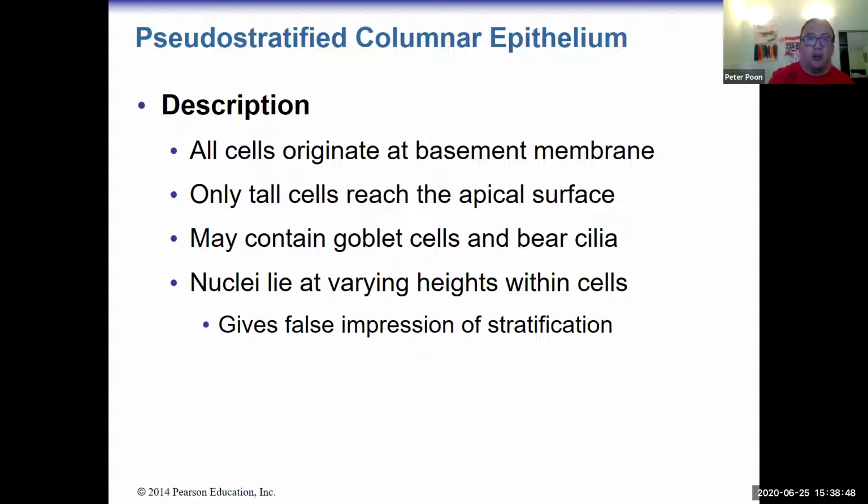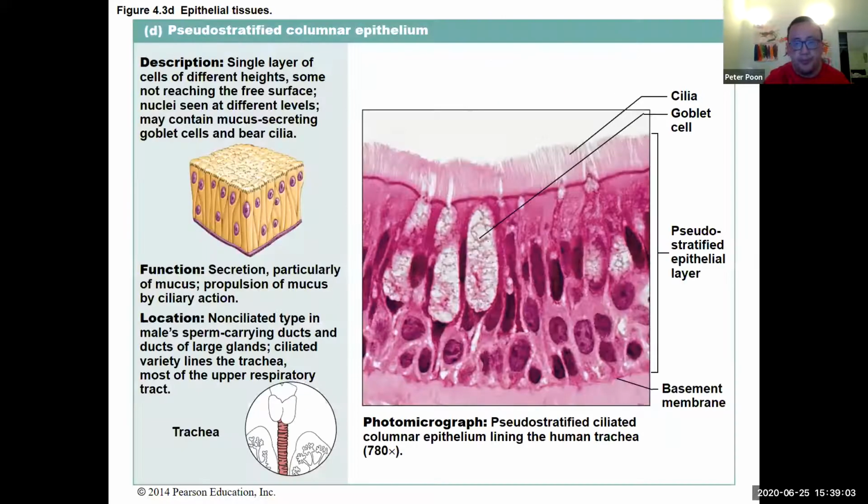Pseudostratified columnar epithelium. So all the cells originate at the basement membrane. Only tall cells reach the apical surface. So here is the pseudostratified columnar epithelium, and you can see that in my drawing from yesterday.